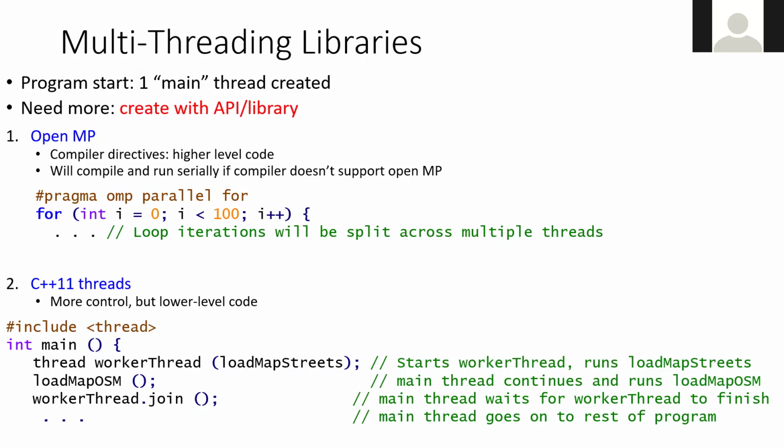So you have two ways to implement multi-threading. The program always starts in the main thread, so that's one thread. If you need more, there are two options. The first one is using the OpenMP compiler directive.